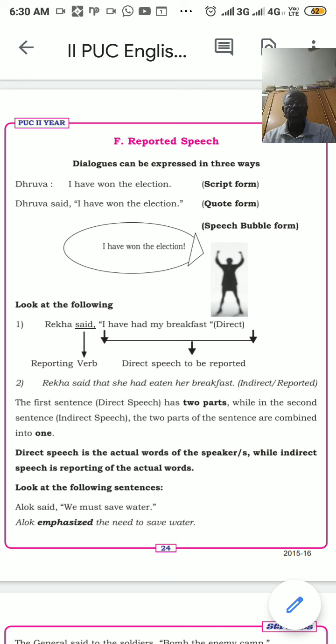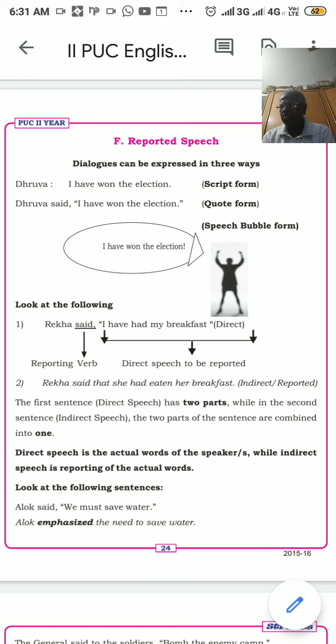Simple past, past continuous, past perfect continuous. Simple future, future continuous, future perfect continuous. Last month when I took tenses, I gave the details. So you must be thorough with that. Then only you can do these reported speeches. Okay, simple present becomes simple past.